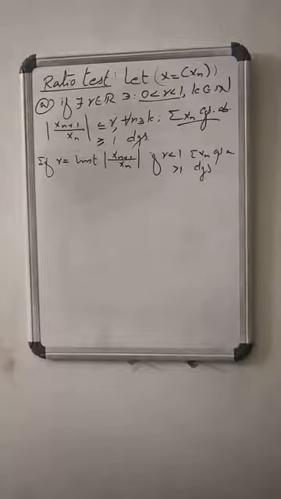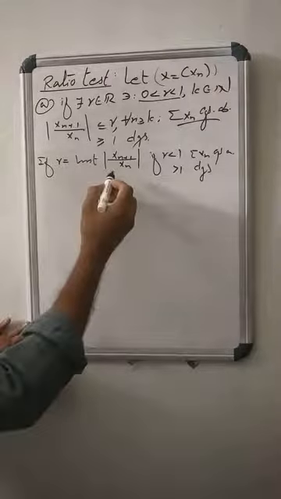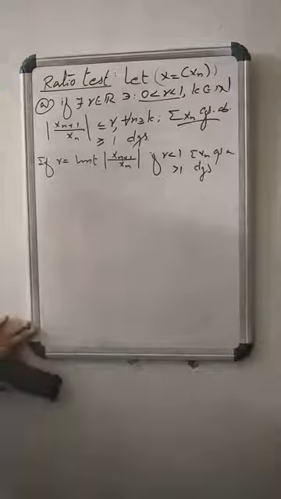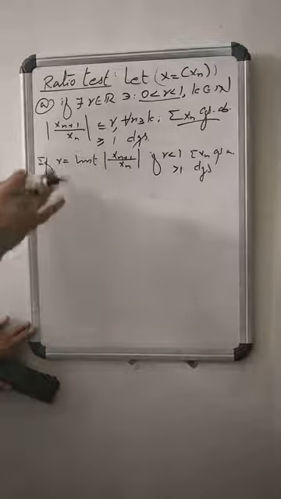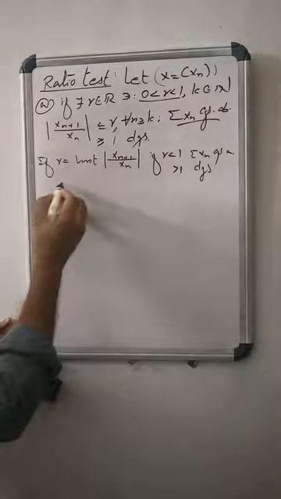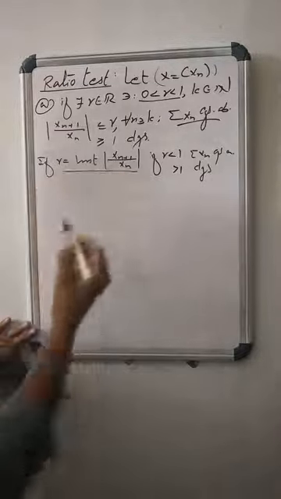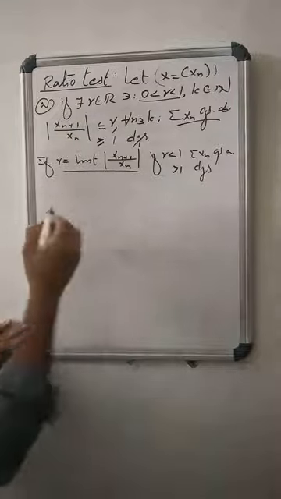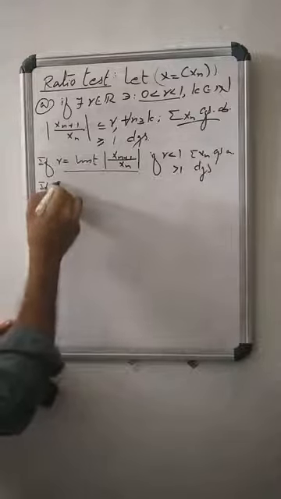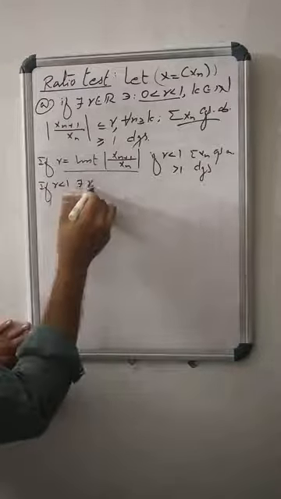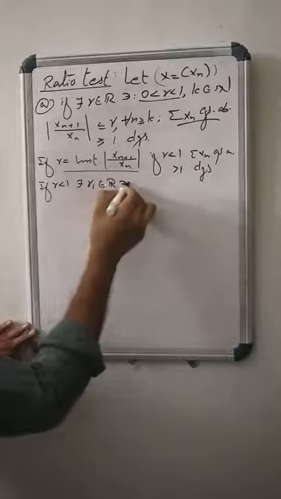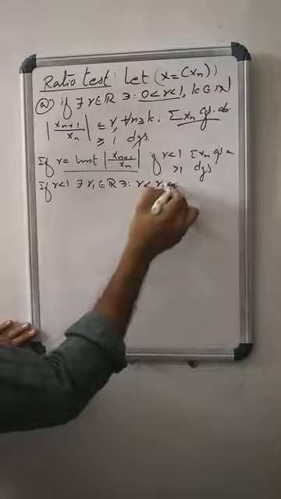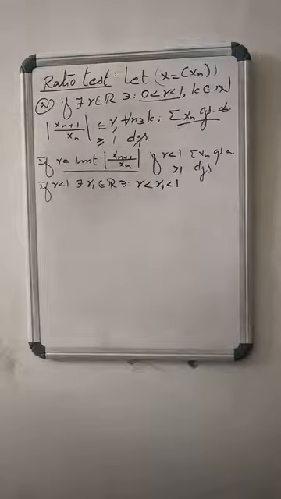The proof is immediate. It is the same as that of the corollary of the root test. Consider r equals limit of modulus of xn plus 1 by xn. If r is less than 1, then there exists some r1 such that r is less than r1 is less than 1.